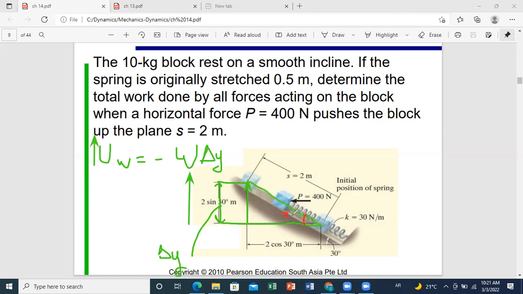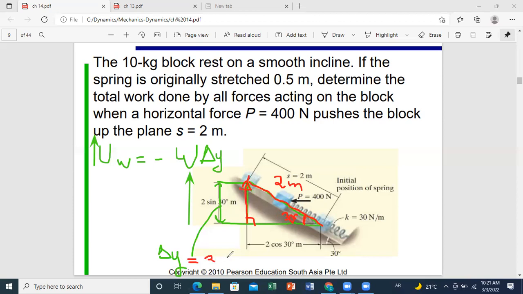The hypotenuse of this right triangle is my displacement. I had a displacement of 2 meters. So since I know my displacement along the incline and the angle between the incline and the horizontal, I can say that my vertical displacement upward is equal to 2 sine of 30.